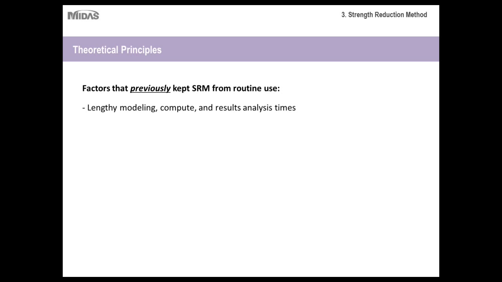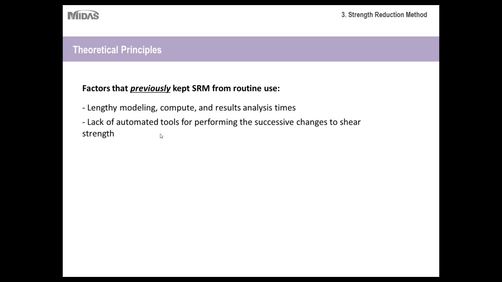If you're only calculating your factor of safety, then the limit equilibrium method would have been much easier to do by hand, although that in and of itself was a lengthy process as well. But because of numerical modeling programs that have been developed, these modeling and result analysis times have been greatly expedited. Then there's the lack of automated tools for performing the successive changes to shear strength.